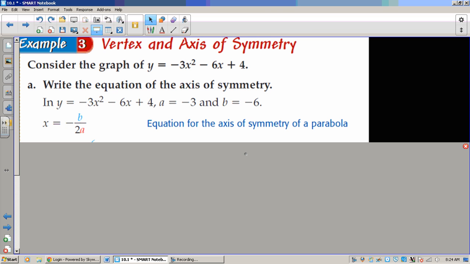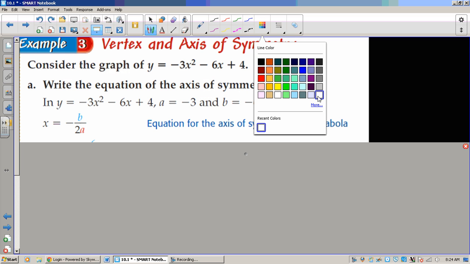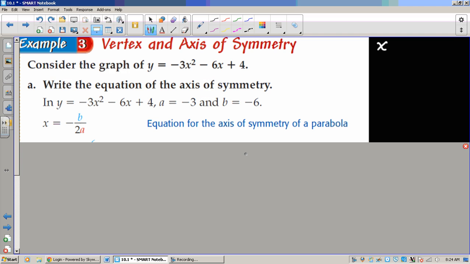If we take x equals negative b over 2a, in this case a is negative 3 and b is negative 6.